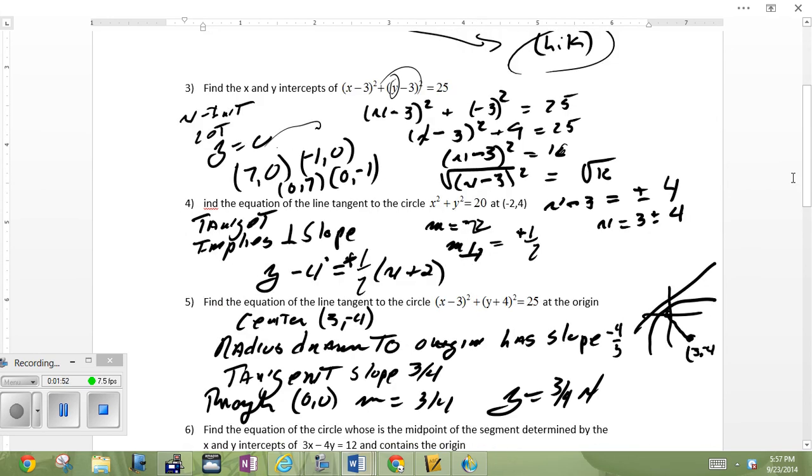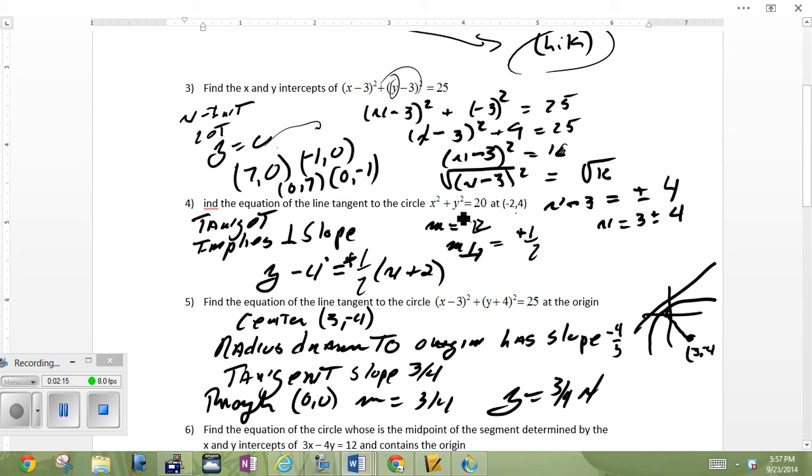Number 4, find the equation of a line tangent to this at that point, okay? Tangent to the circle at that point. All right, so what that implies is that the radius drawn from the center to this point will be perpendicular to the tangent. The center of the circle is 0, 0.